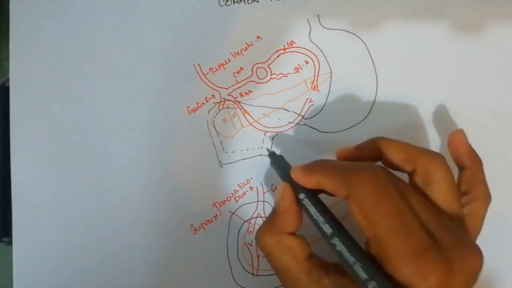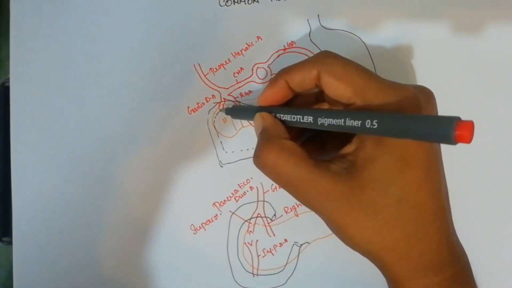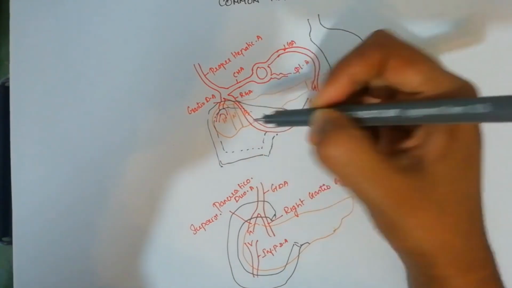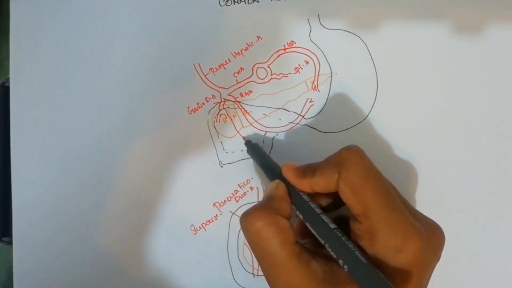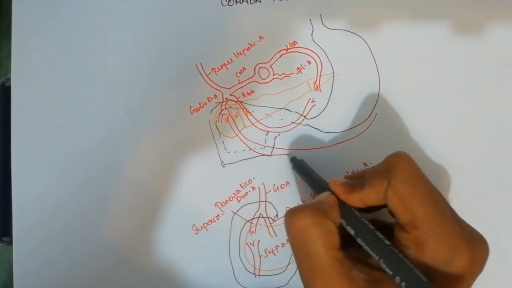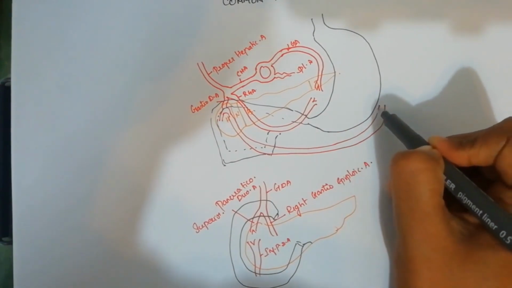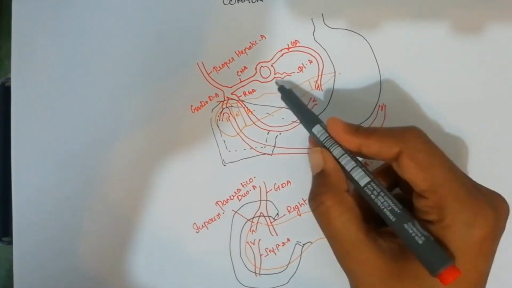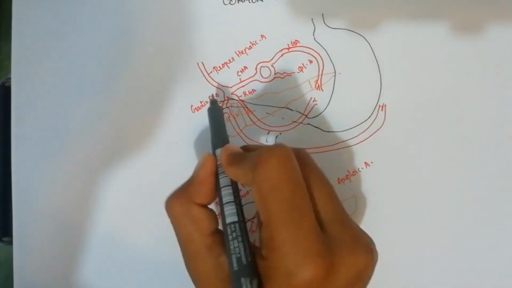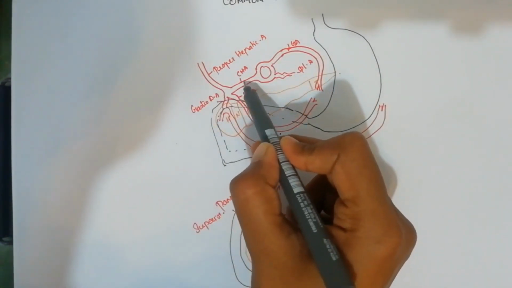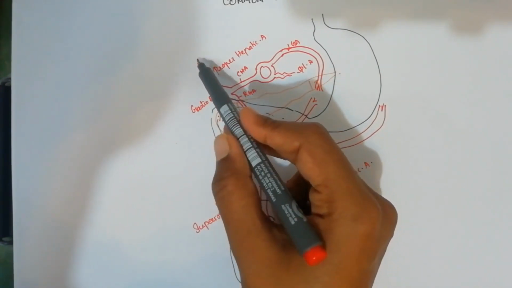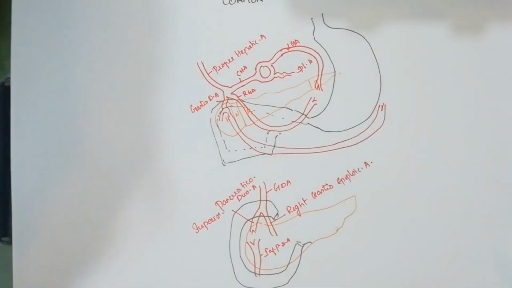So we have this gastroduodenal artery dividing into two branches, the superior pancreaticoduodenal and the gastroepiploic artery, and this gastroepiploic artery is arching towards the left side to anastomose with the left gastroepiploic artery, which is a branch of the splenic artery. And then we have another artery which is coming from the common hepatic, a continuation of the common hepatic, which is arching towards the right side towards the liver.